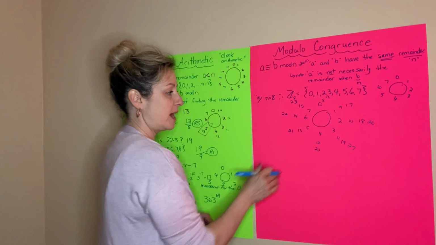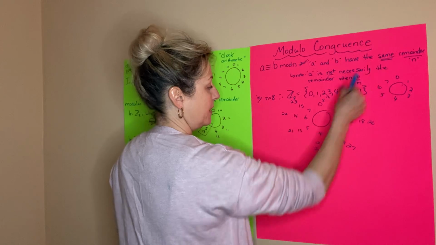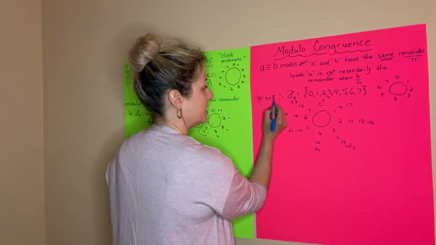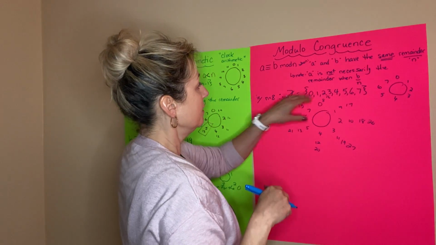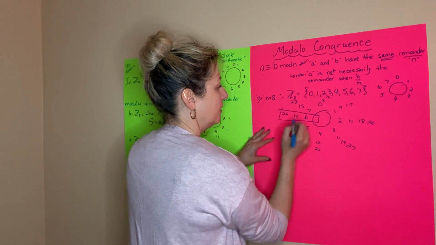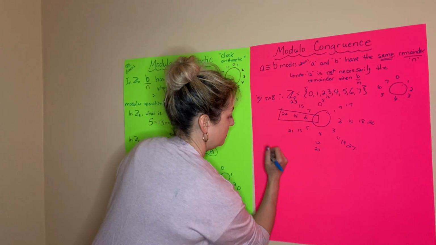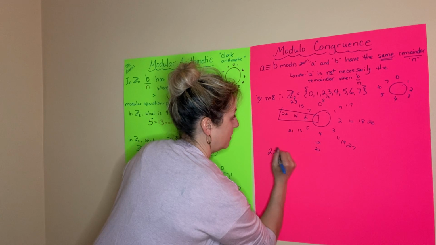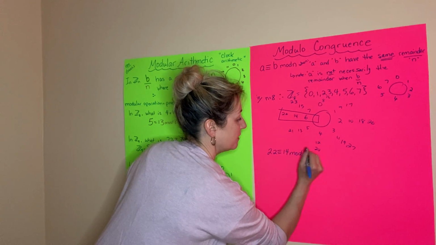So if we look at our definition, A and B have the same remainder when dividing by n. In this example, we have 22 is congruent to 14 mod 8.